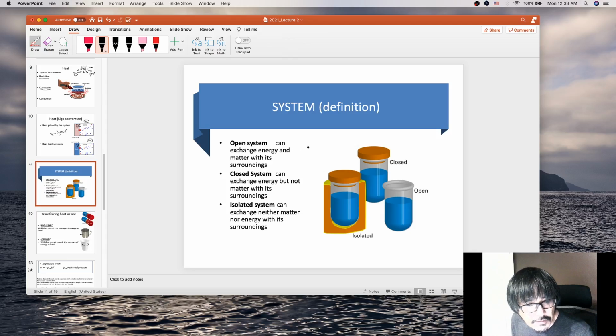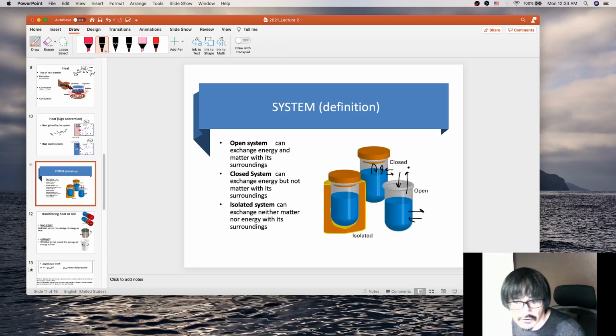I think you have probably seen this one in general chemistry too. In an open system, stuff can go in and out, some molecules and stuff, and of course heat can go in and out. Those are open systems. In a closed system, the molecules cannot escape, but heat, or energy, can go in and out.